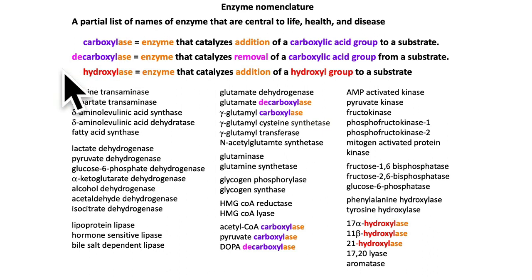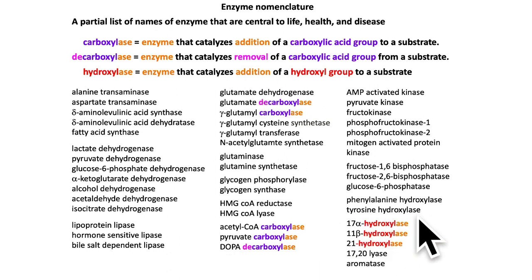A hydroxylase is an enzyme that adds a hydroxyl group. This is very different from a hydrolase. A hydrolase lyses things. A hydroxylase adds a hydrogen and oxygen, a hydroxyl, an alcohol group, to a substrate.